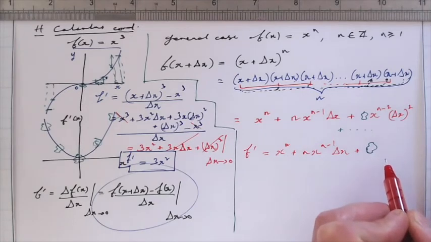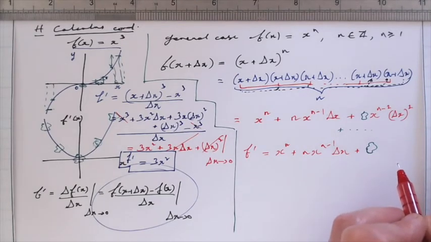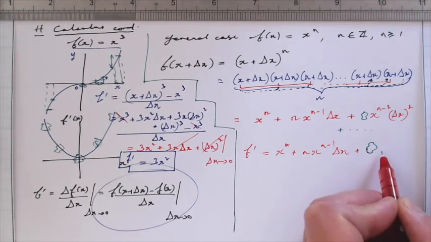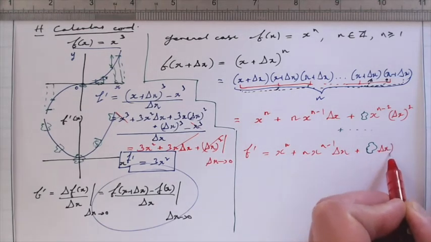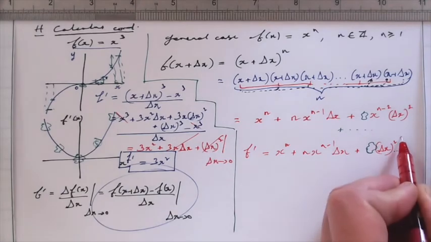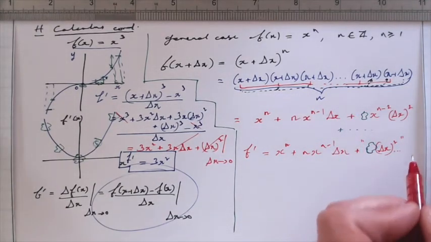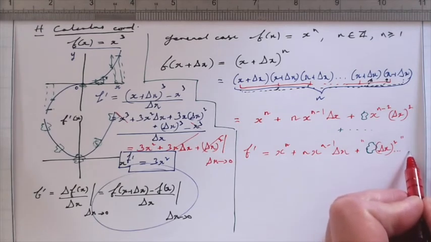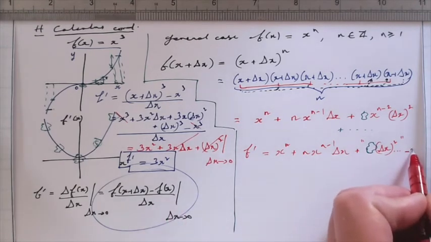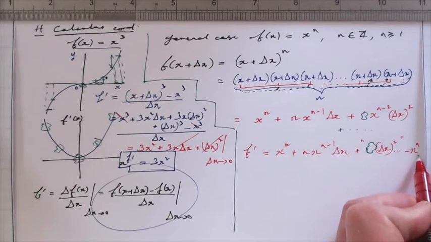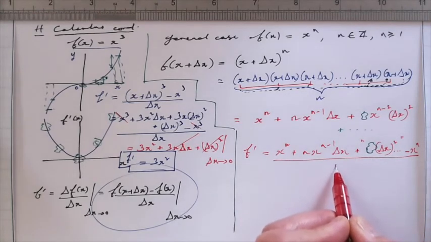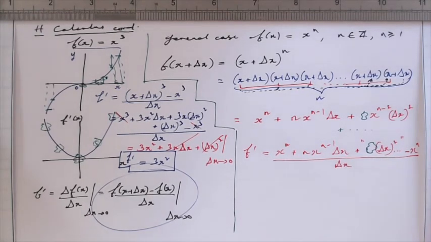I'm pausing because there's a very formal way of writing this, but I don't want to throw extra notation at you. So I'm just going to say delta x squared dot dot dot in quotation marks, because you know what I mean. It's all this stuff, okay? And then take away f of x, x to the n. And then that's all divided by delta x, okay?